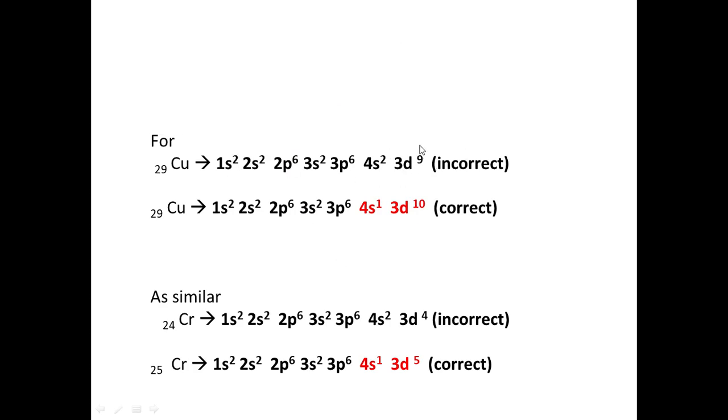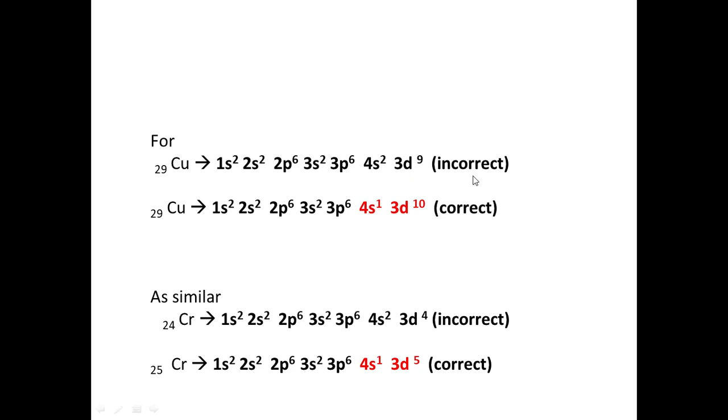Then what do we see in the case of copper? In the last orbital, the 3d orbital, 9 electrons are filled. The maximum capacity of the d orbital is 10 electrons. So it requires one more electron to complete its fully filled configuration.